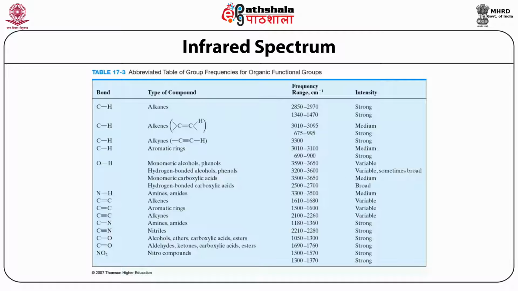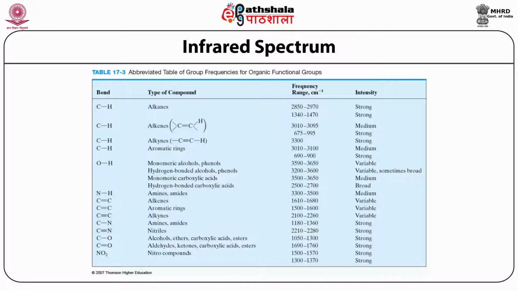And if you take the other bond like the OH, again if it is associated with a monomeric alcohol like primary alcohol, hydrogen-bonded alcohol with phenol, monomeric carboxylic acid, or OH hydrogen-bonded with the carboxylic acid, it shows a variable intensity in the different regions.